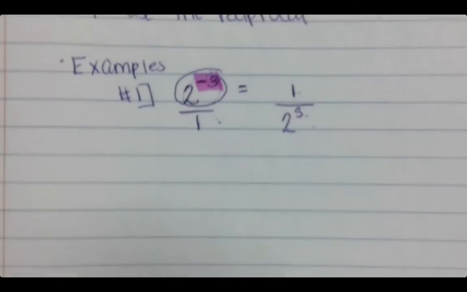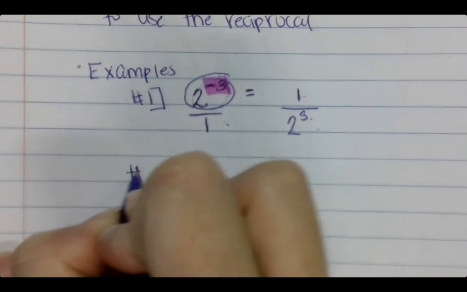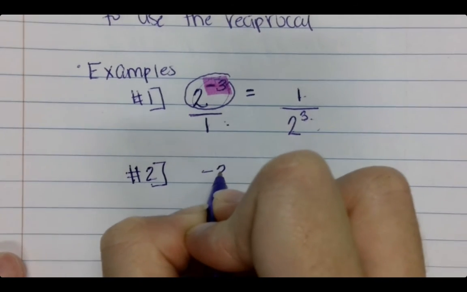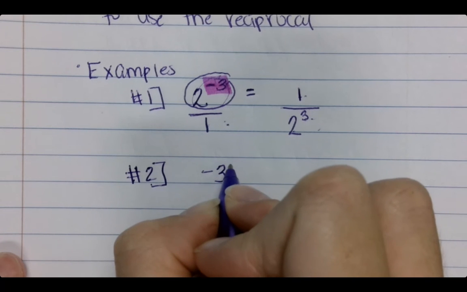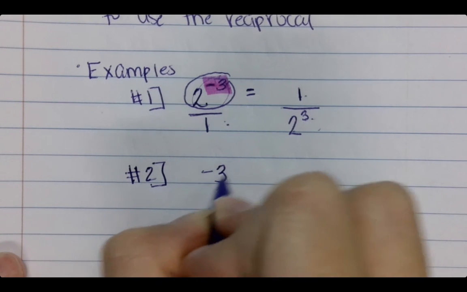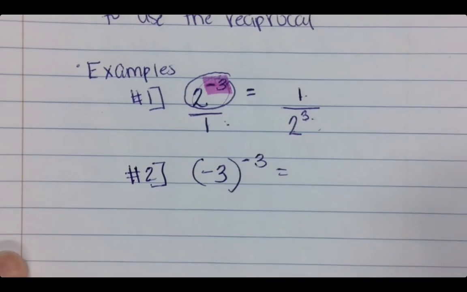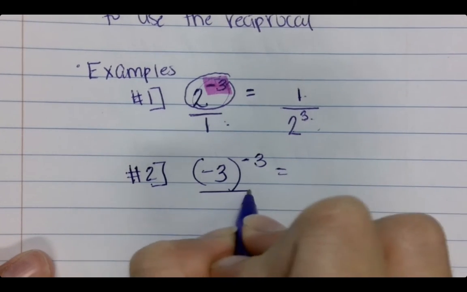Let's look at another one. I know I'm blowing your mind right now. If I have negative 3 to the negative third power, same thing. Make it into a fraction.